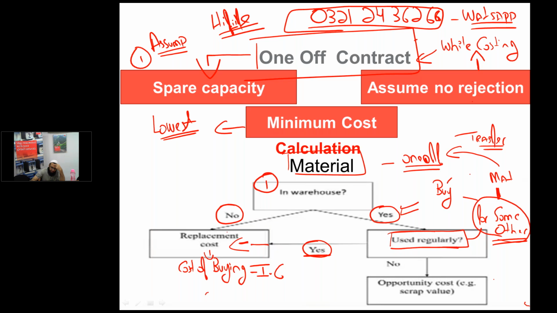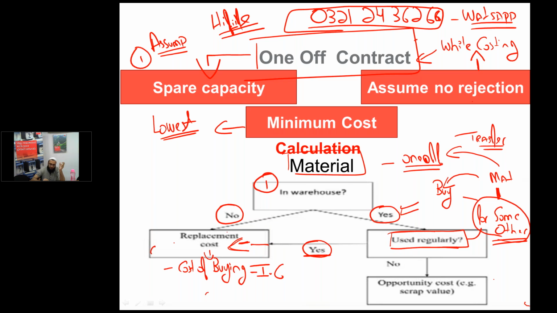So when you buy the material for some other work, it will be at the replacement cost. Replacement cost means the current purchase cost.